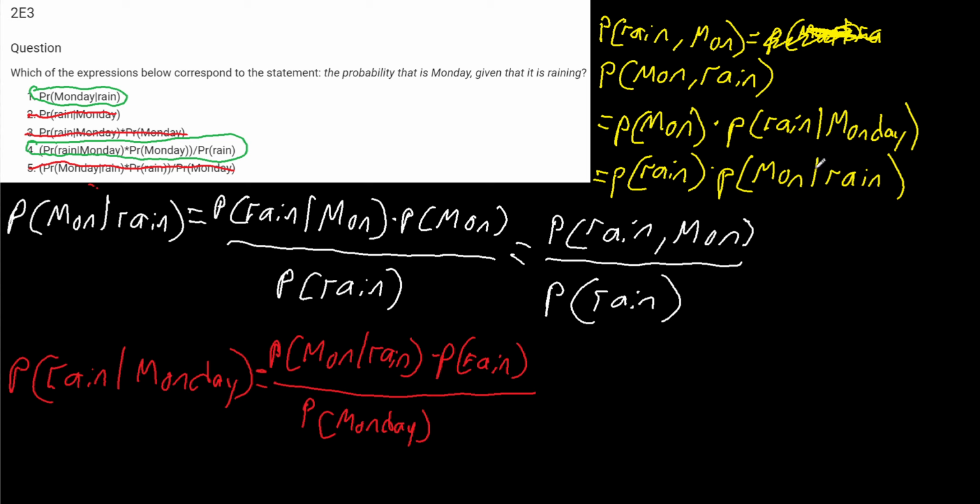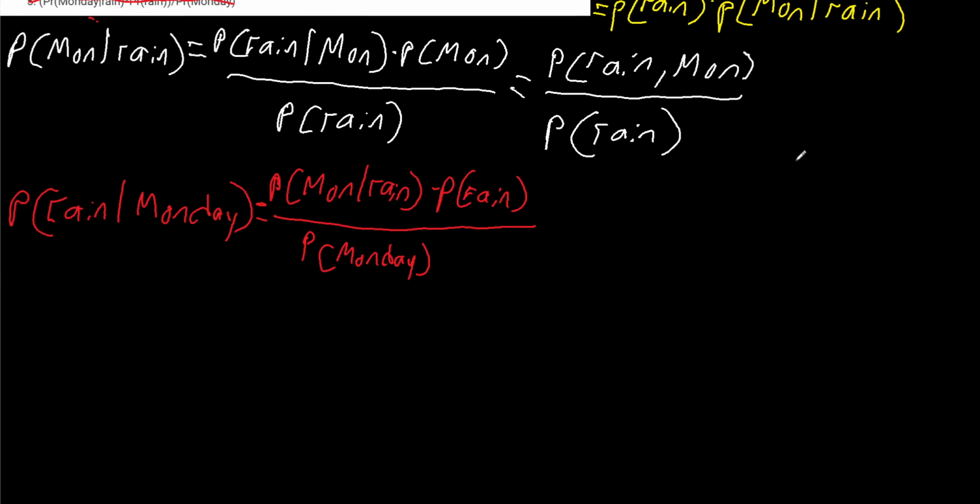I think that's where, actually, I want to do one more thing here. I want to derive Bayes' rule for you, and the way that we're going to derive it is from these conditional probability statements. So let me scroll down and start that over. Remember that the probability of rain and Monday is the same thing as saying the probability of Monday and rain.